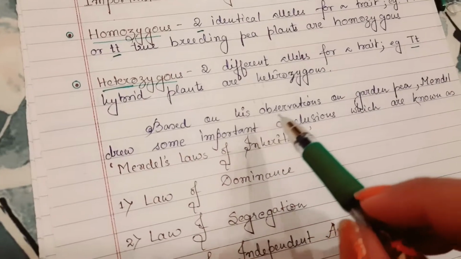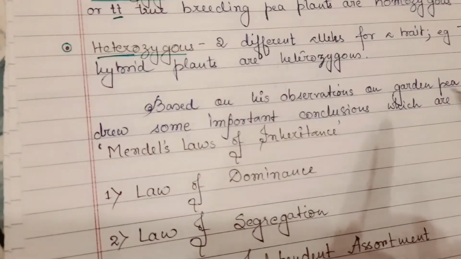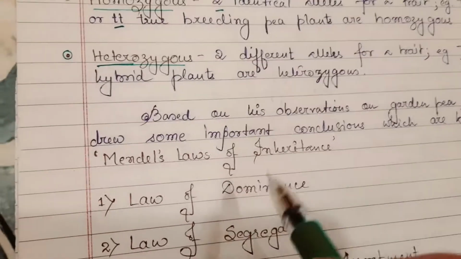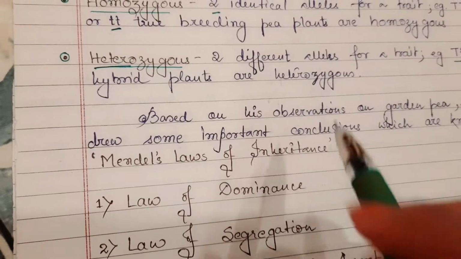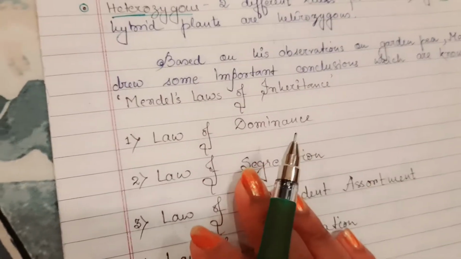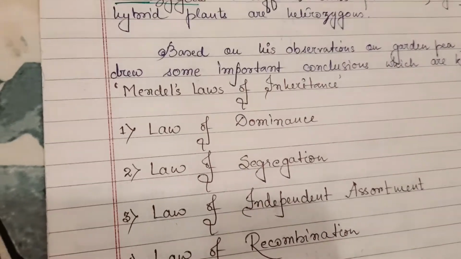Next, based on his observations on garden pea, Mendel drew some important conclusions which are known as Mendel's laws of inheritance. What is it known as? Mendel's laws of inheritance. Correct?